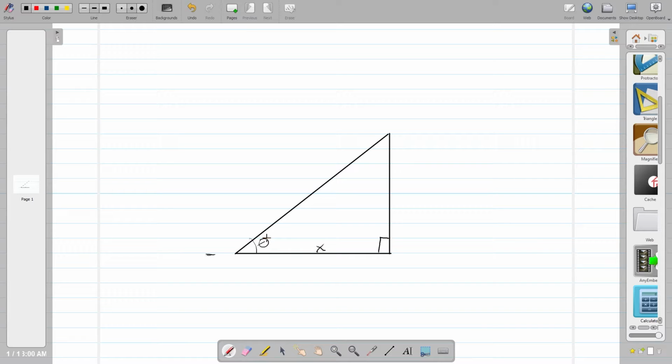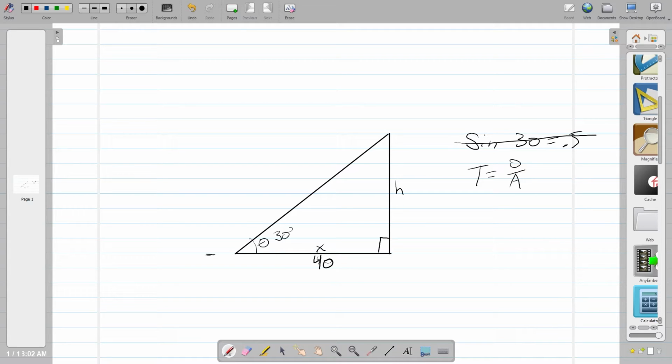And then this would be H for the height of the tree. So you could figure out what is the tangent of 30 degrees. All right, so we'll say 0.58.